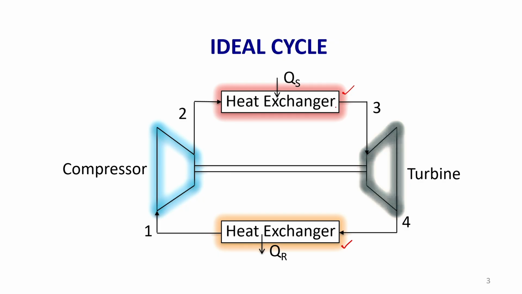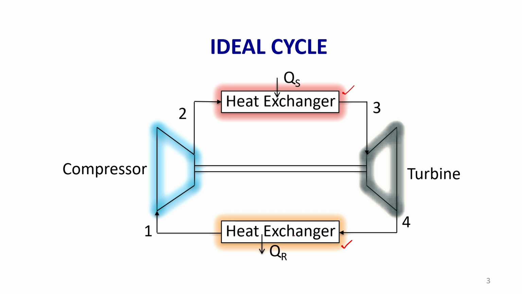So, similar to those cycles, here also the modifications have been done in case of an ideal cycle, where the combustion process is replaced by a constant pressure heat addition process. We will see the various processes, the PV diagram and TS diagram in the subsequent slide, and the exhaust process is replaced by a heat rejection process.